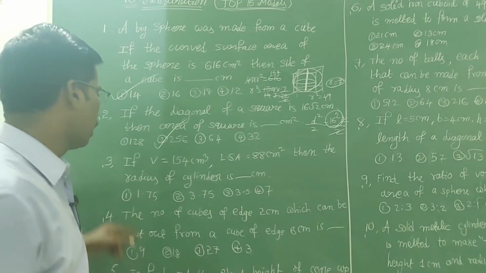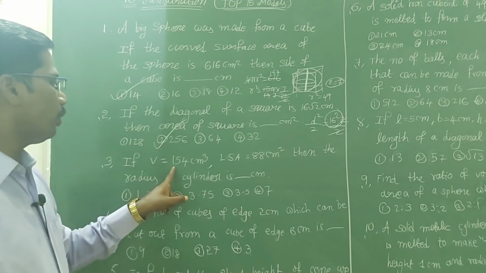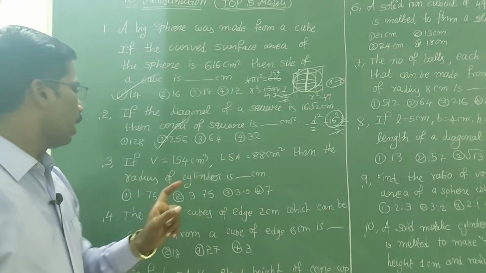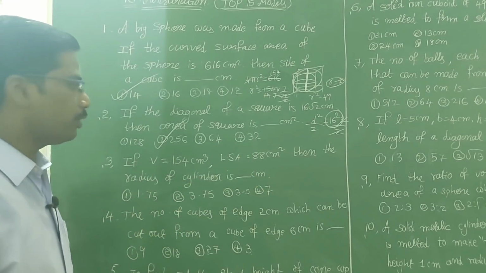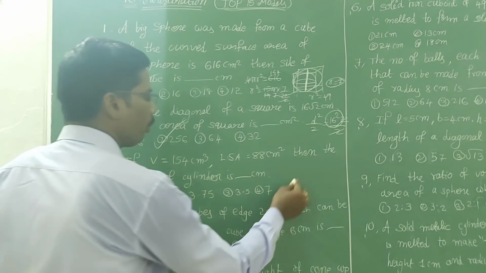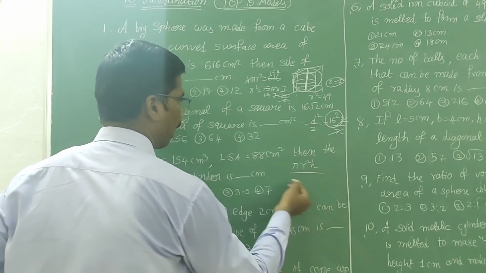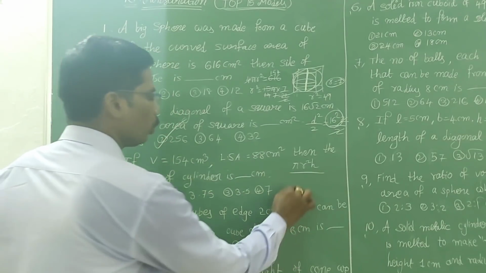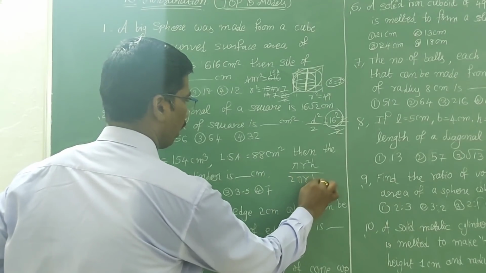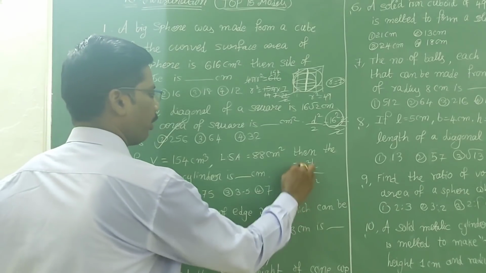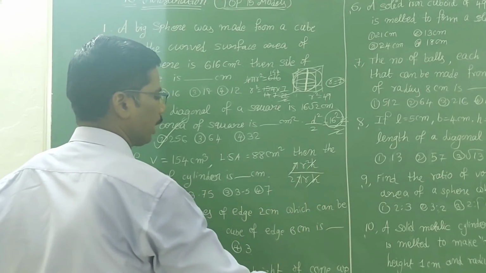Answer 256. If the volume is 154 and lateral surface area is 88, then the radius of the cylinder is asked. So volume we know very well, pi r square h, and lateral surface area we know very well, 2 pi r h. So here pi and pi get cancelled and h and h get cancelled.